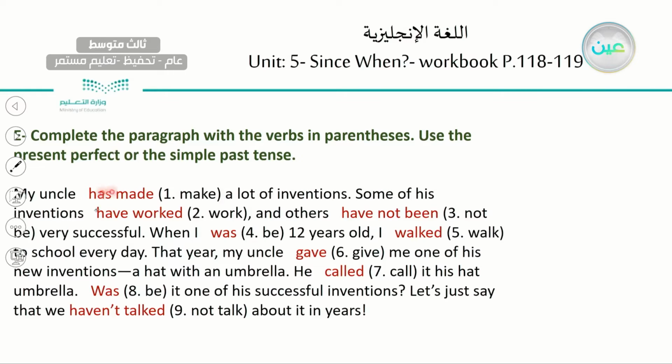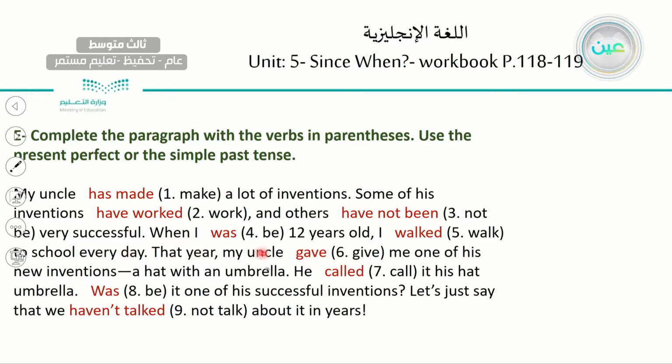My uncle has made a lot of inventions. They didn't mention time. That's why we use the present perfect. Some of his inventions have worked, and others have not been very successful. When I was 12 years old, I walked to school every day.